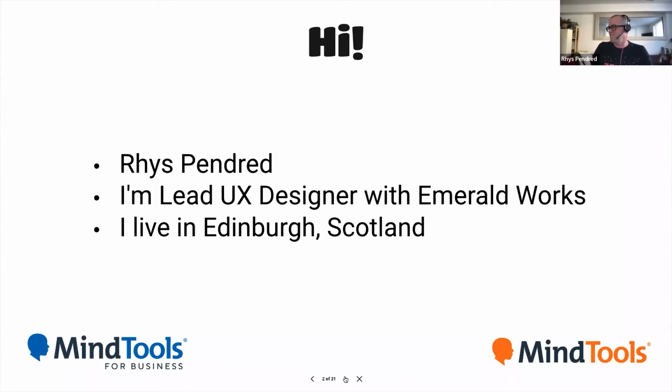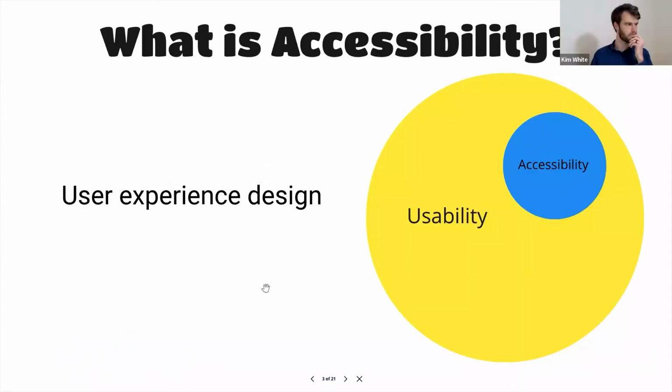So let's talk about accessibility. What do we mean when we talk about accessibility in UX design? If you're familiar with UX design, you probably hear people talk a lot about accessibility and usability. Accessibility is all about making sure that all of your users can access an equivalent experience.